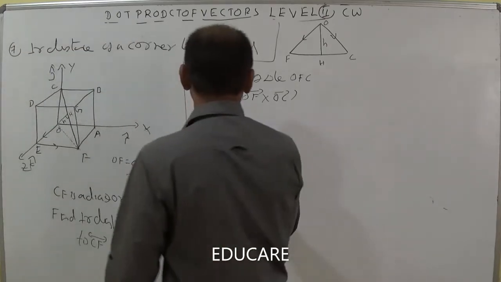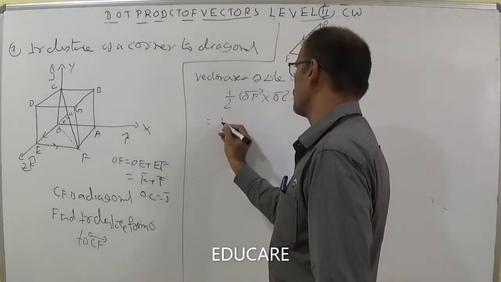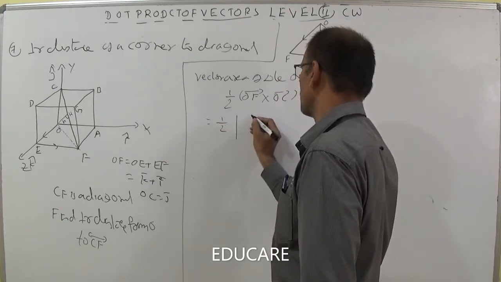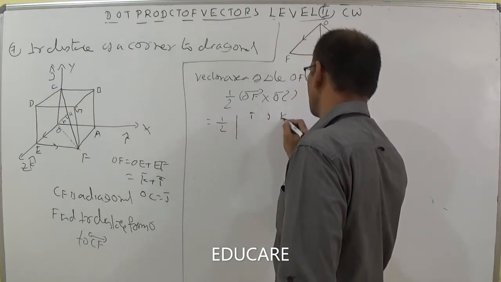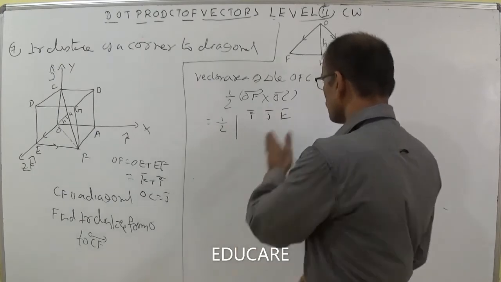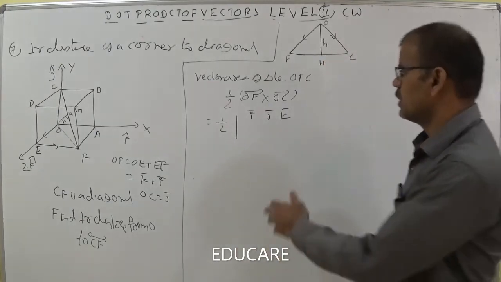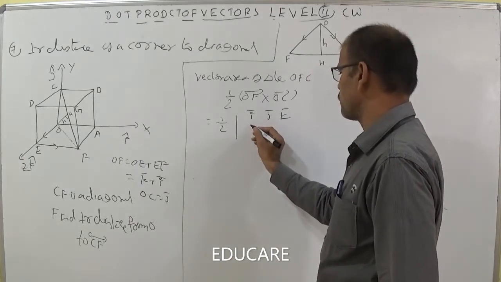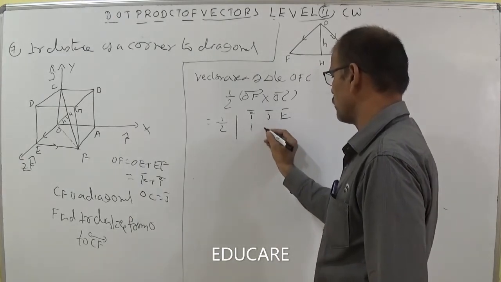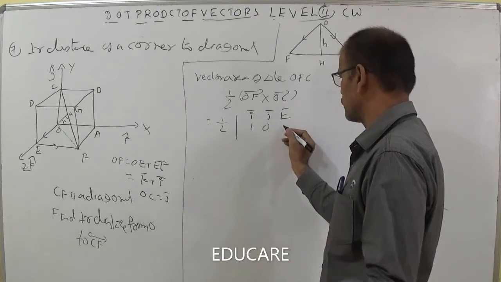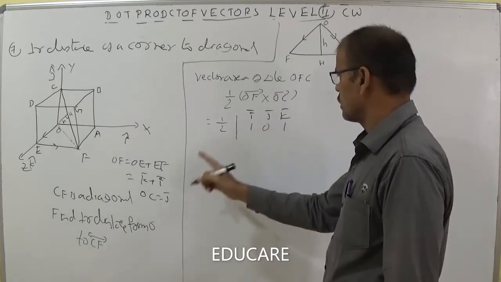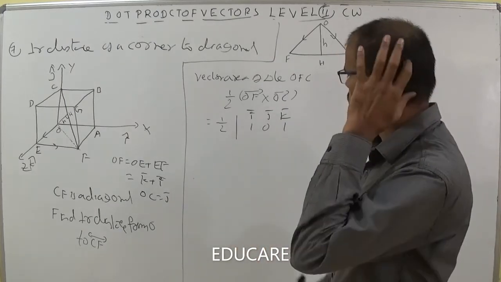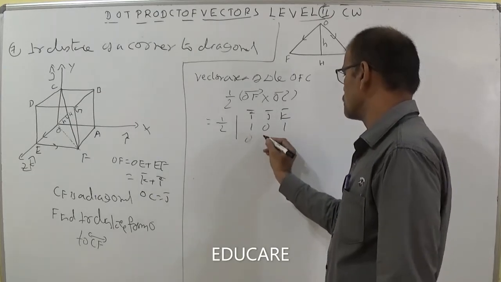Using that you can find the vector area of the triangle. Put i, j, k. What is the value of OF? K plus I: first put the component 1, J there is no component so 0, then 1. About OC: it is 0, 1, 0.